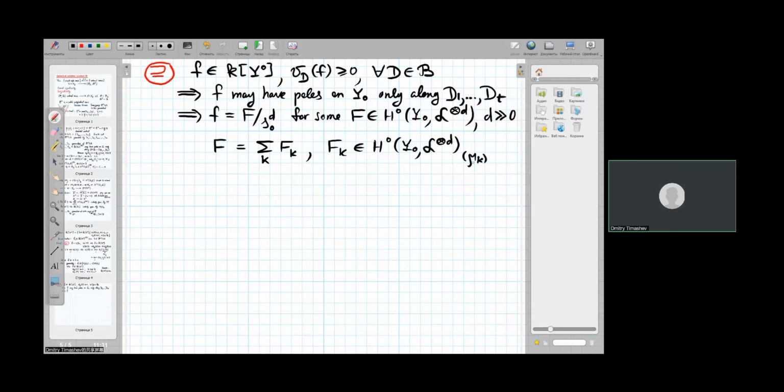This is my notation for irreducible submodules in the algebra of functions or sections. I already used it before. So these are the non-zero projections to irreducible summands in the space of sections.